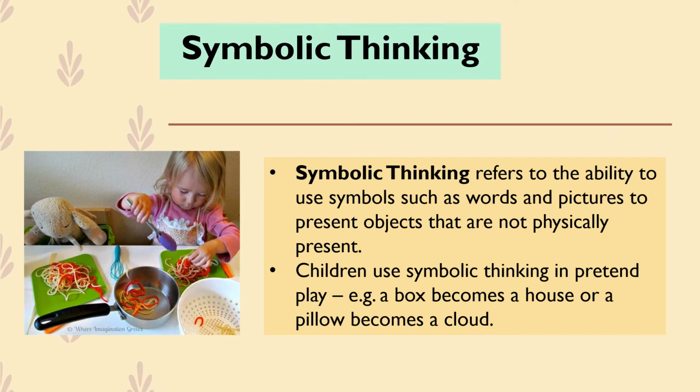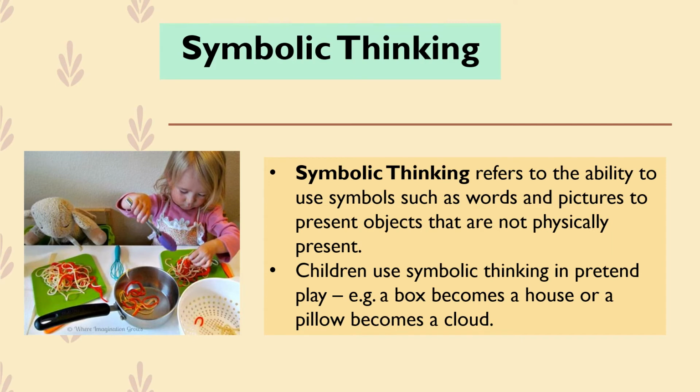So as we went through before, children in the preoperational stage, that is the ages of 2 to 7 years of age, often show a key accomplishment called symbolic thinking. So it's assumed that by the time you reach 7 years of age, you will be able to successfully demonstrate symbolic thinking. That is, being able to use symbols to represent or reflect objects or ideas that are not physically present.